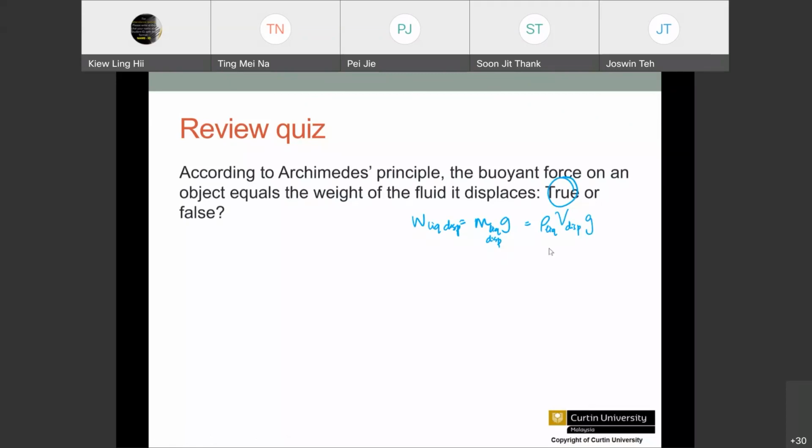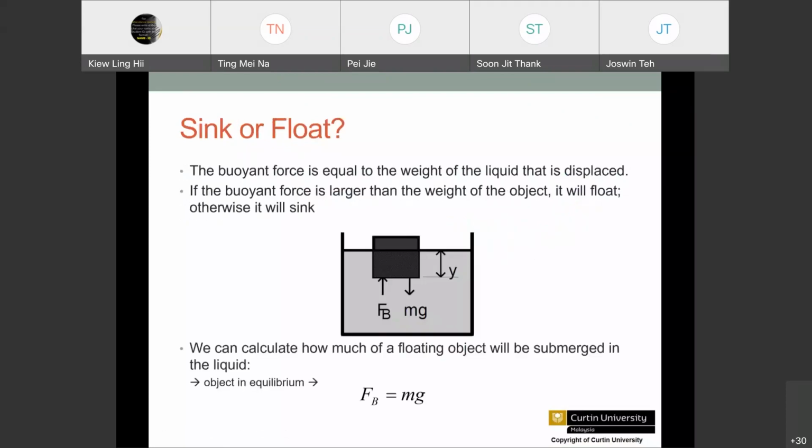So how do we know whether the object will sink or float? From our free body diagram, how do we know whether the object is moving or standing still? It depends on the net force, right? If the net force of the free body diagram is going upwards, then the object will float.